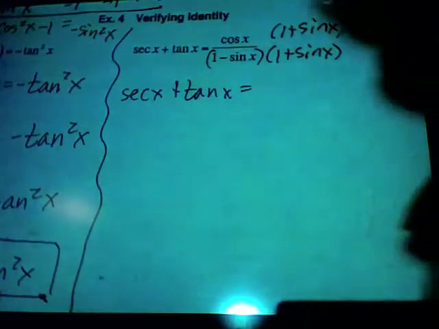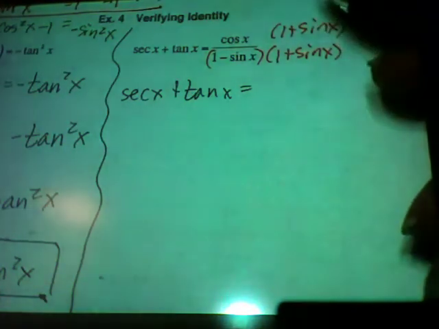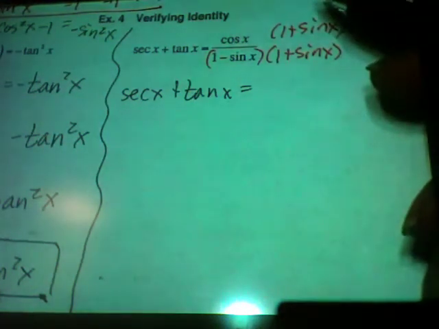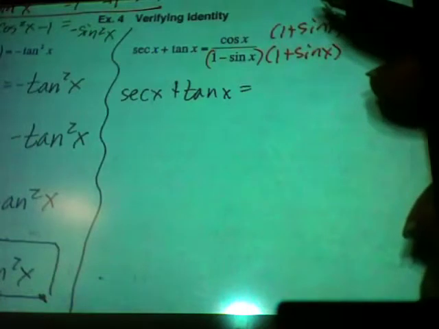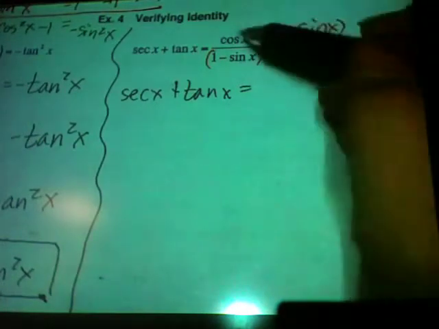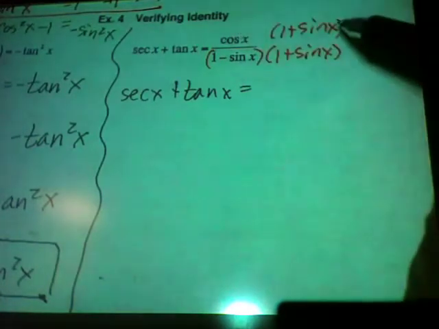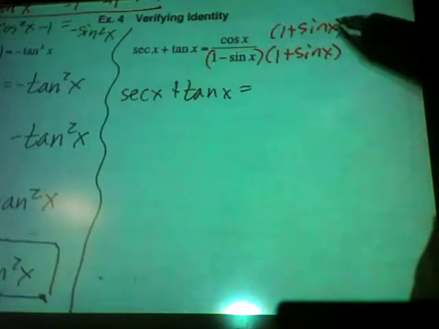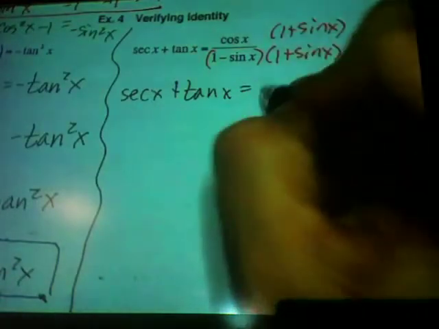So the left side stays the same. I'm trying to decide whether I'm going to distribute the cosine or not. I think I won't. I think I'm going to leave it for right now.